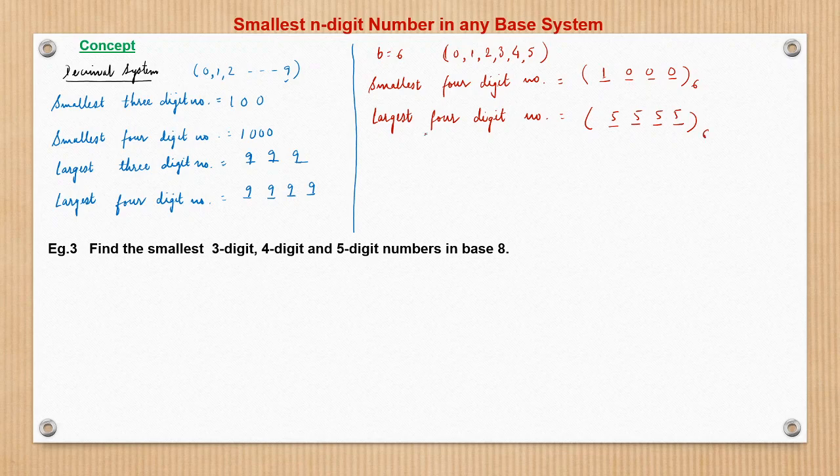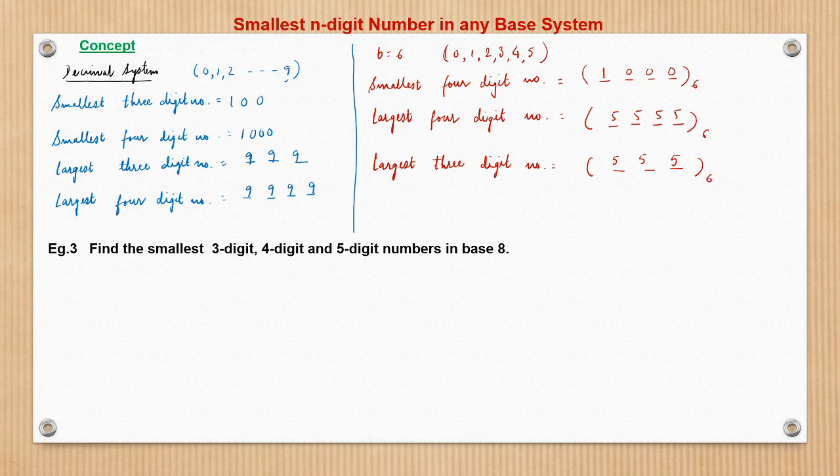So this becomes the largest 4-digit number. Similarly, if the question is to find the largest 3-digit number, there will be 3 places and all the places should contain 5 only for the number to be largest. So this is a very simple concept.